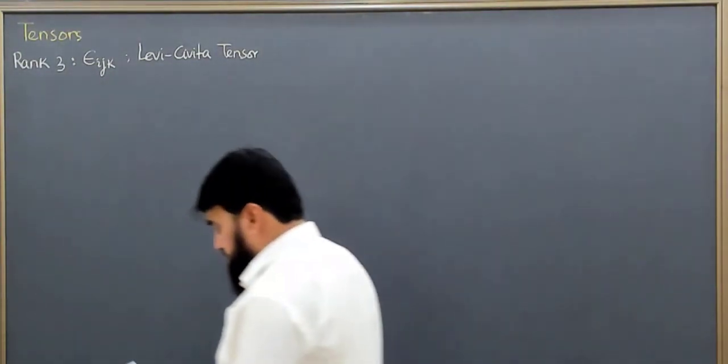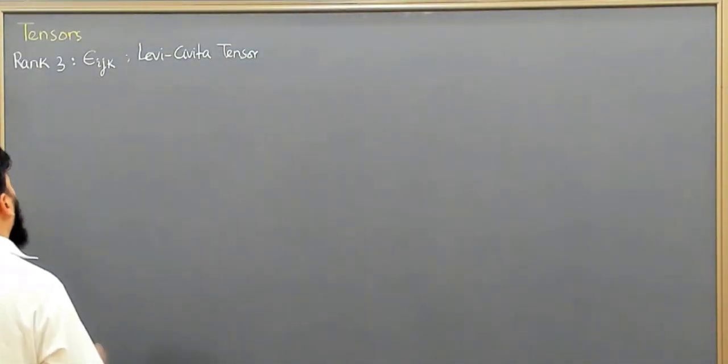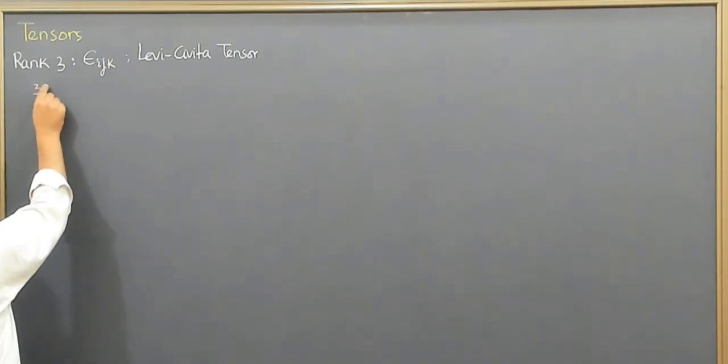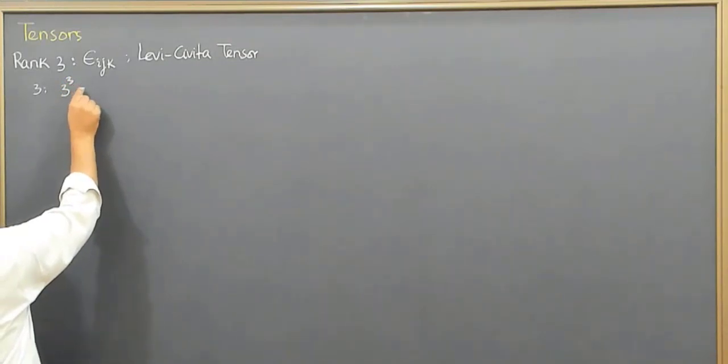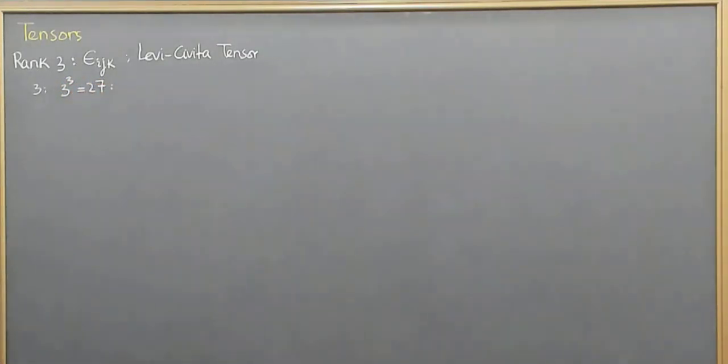Now we will have to keep in mind a few things from the previous lecture. The number of indices is 3. It means the number of components will be 3 to the power 3, which is 27.